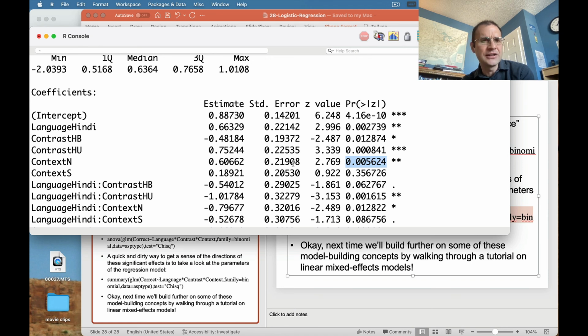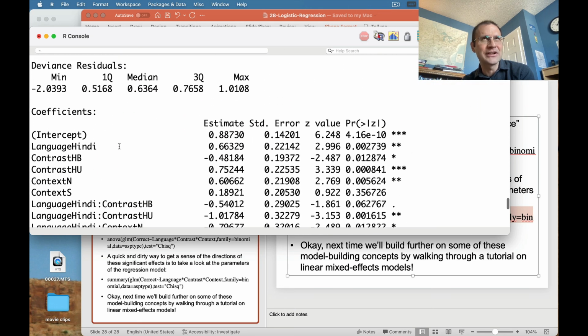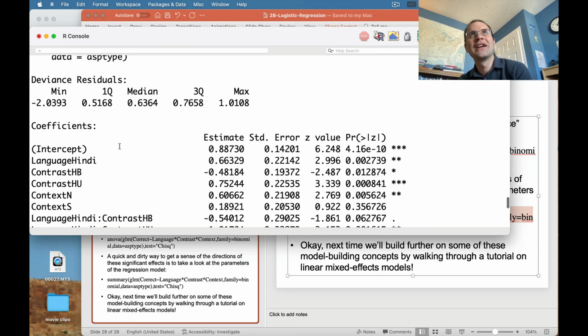The one that's kind of hard to interpret is an interaction like this. It should start out with language and contrast. That should start out with English and BU as the defaults there because English comes before Hindi and then BU comes before the other contrast types.